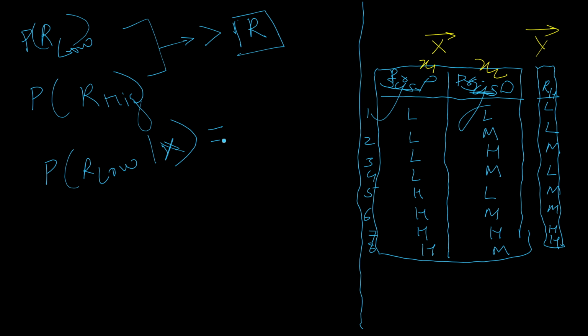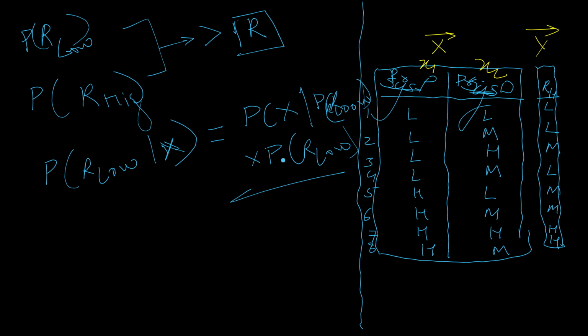Okay, then I can say that this is equal to my probability of x given R low, sorry, into probability of R low itself, divided by probability of x.